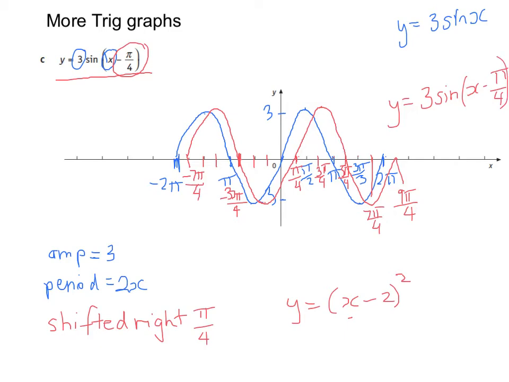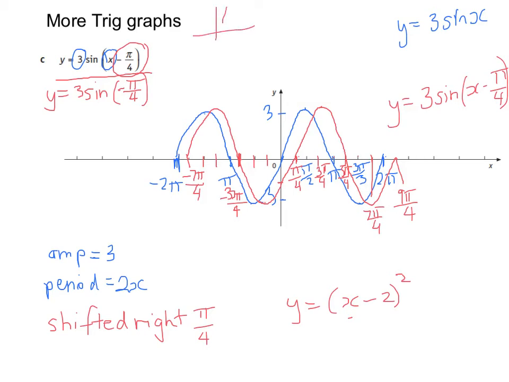That's the x-intercepts. We haven't actually marked in the y-intercept here. So the y-intercept occurs when x equals 0. You can work that out: if you let x equals 0, you're going to get y equals 3 sine of negative pi on 4. Now remember, negative angles are measured clockwise from the positive direction of the x-axis.